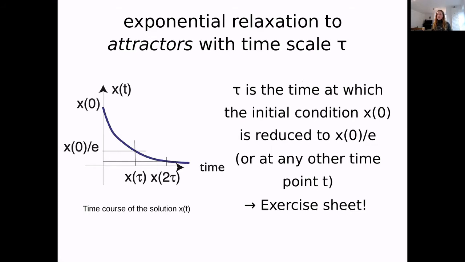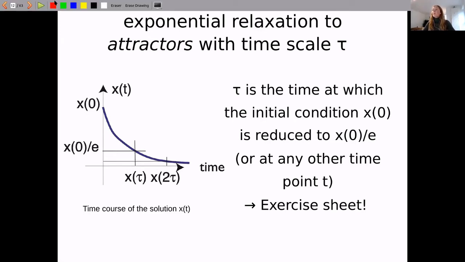And then we have the time scale tau. So tau is the time at which this initial condition, so this x0, is reduced to x0 over e. And this is what characterizes the exponential relaxation to 0 here.